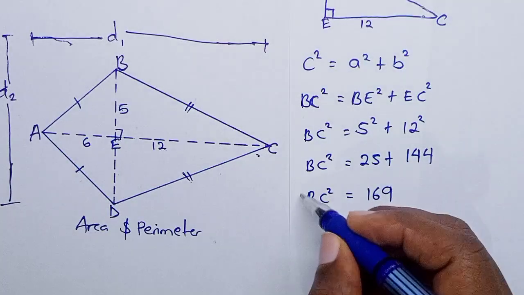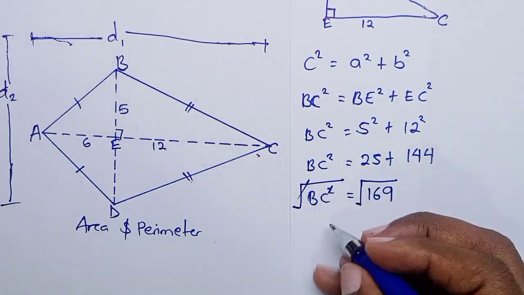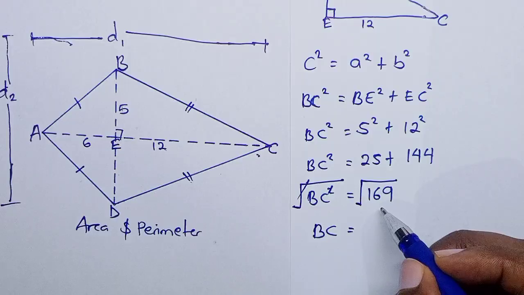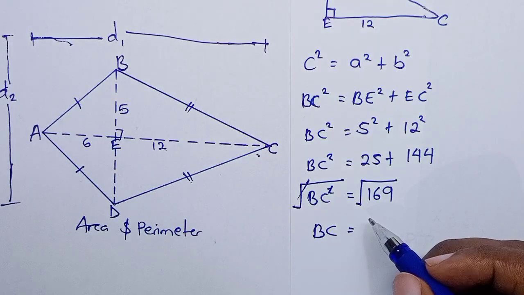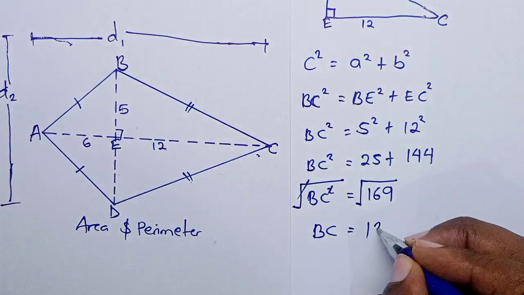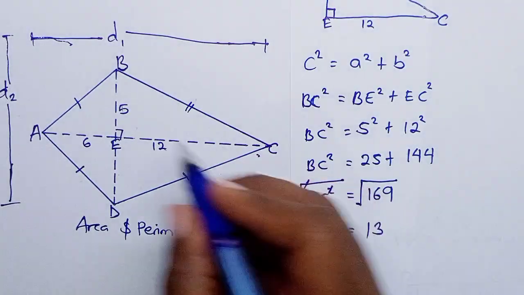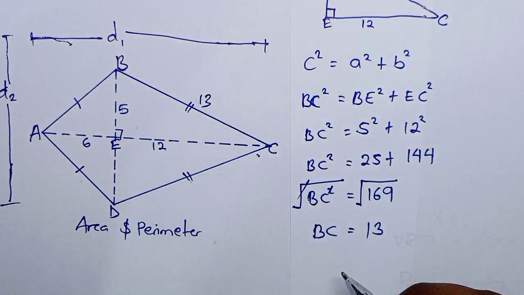So now let's find the square root on both sides to get rid of this square. So BC will be equal to, we would have taken positive or negative 13, but since BC represents length, we only take positive. So BC is equal to 13.